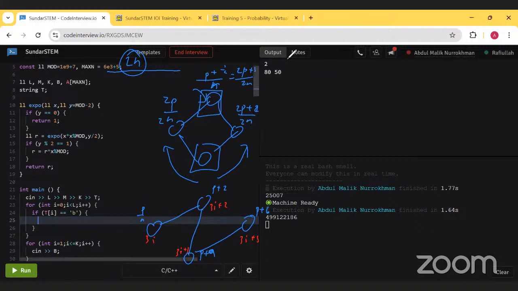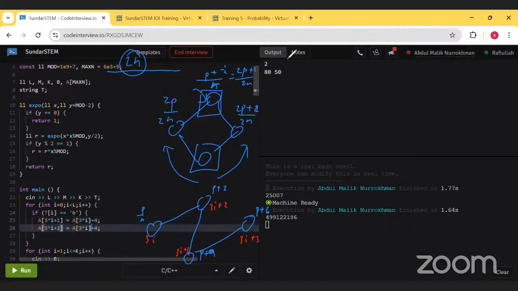So that means the probability of 3i plus 1 is equal to probability of 3i plus 4, right? And then this is plus 2, and then this is plus 6.